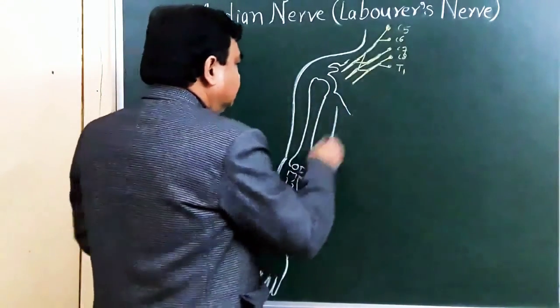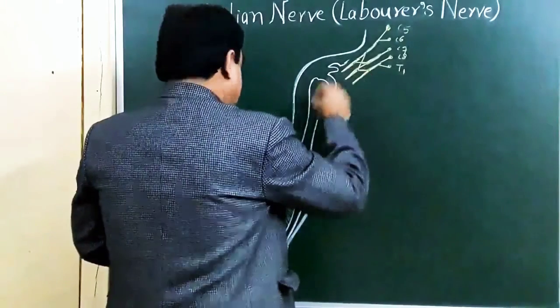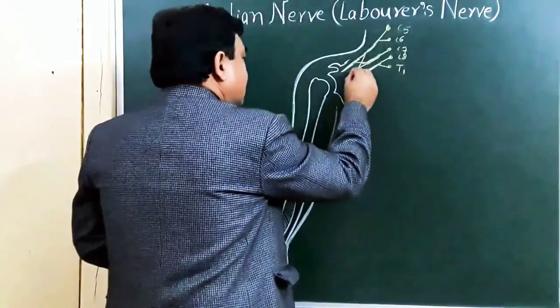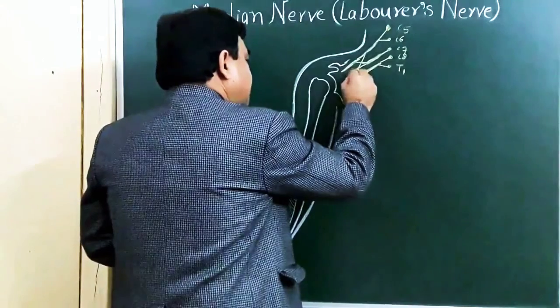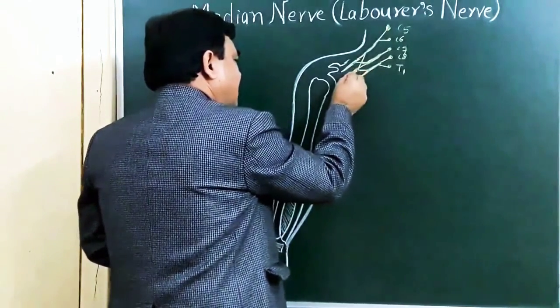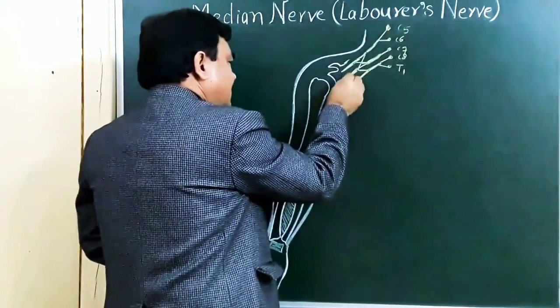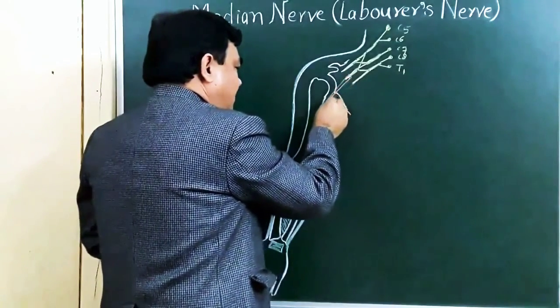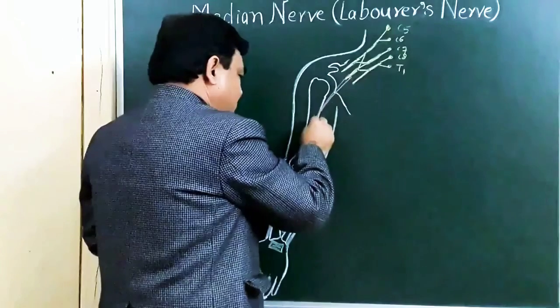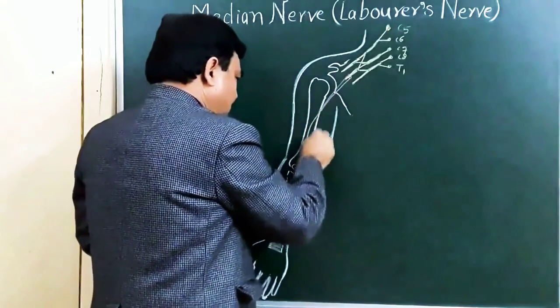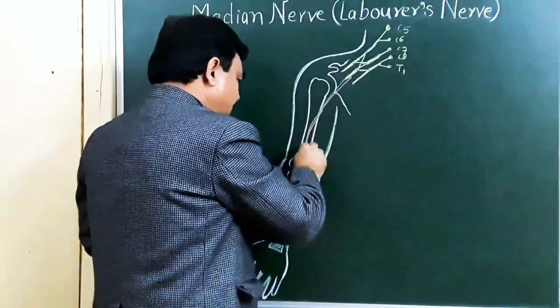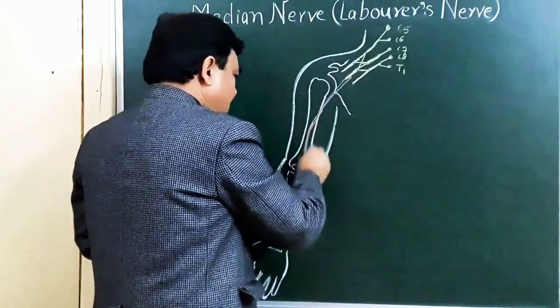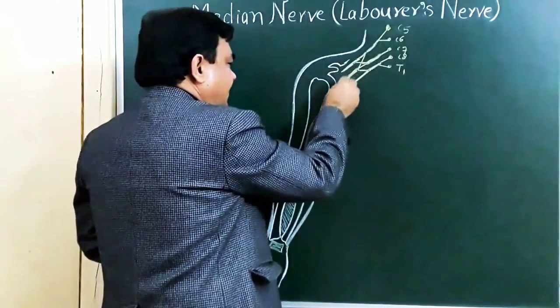Here is the position of the axillary artery, the third part of the axillary artery. This axillary artery continues as the brachial artery.